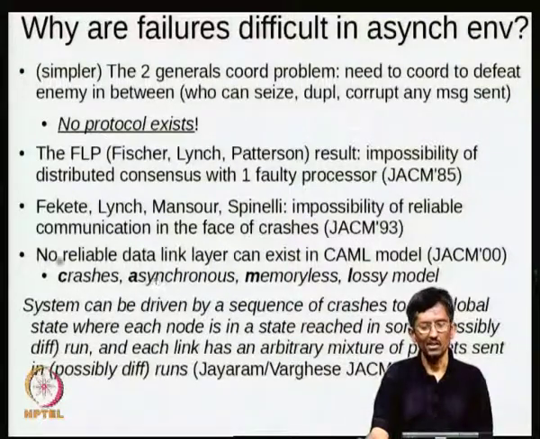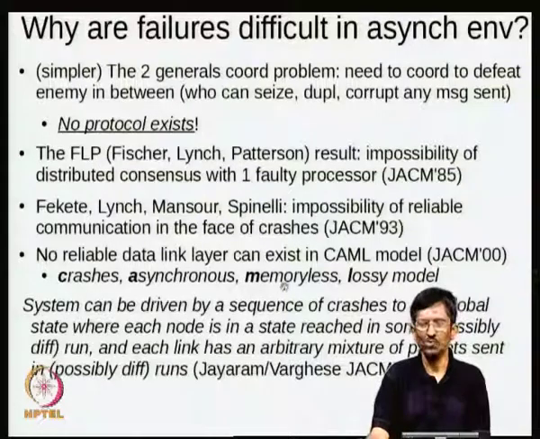Okay. You can even go further down. Some other results have been derived, so let us just take the case of the data link layer in a network protocol. If you assume that nodes can crash, it is asynchronous, it is memoryless, that is, the nodes do not remember what they were doing previously.